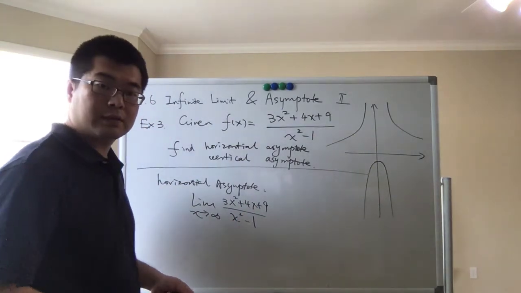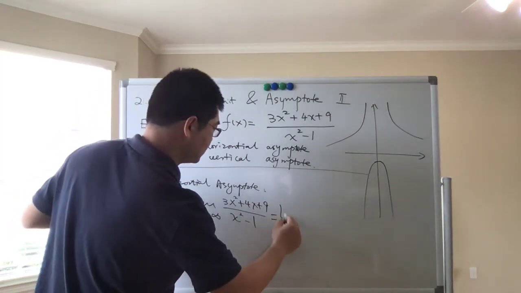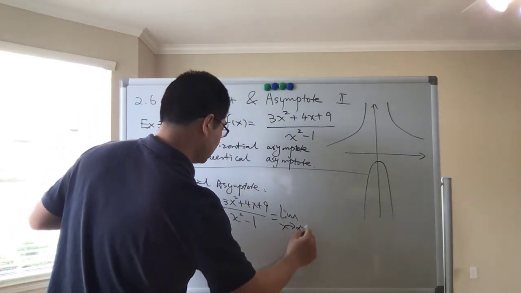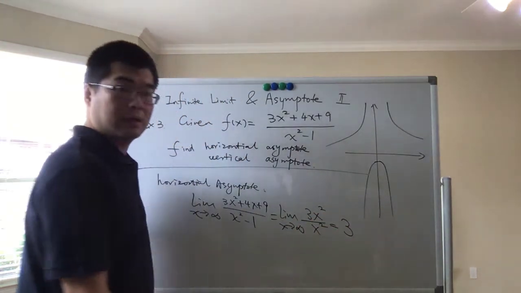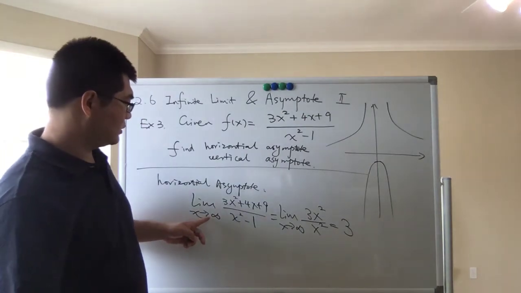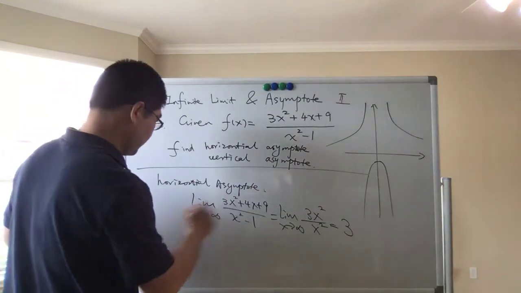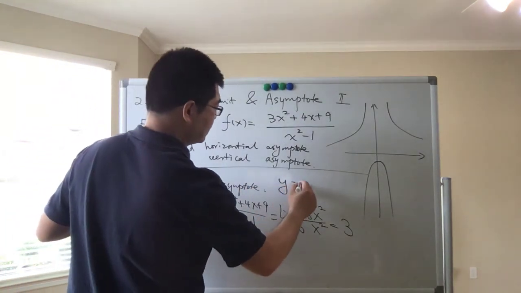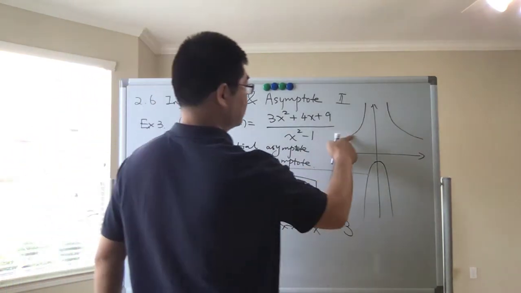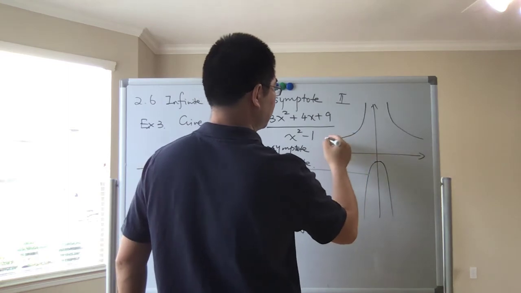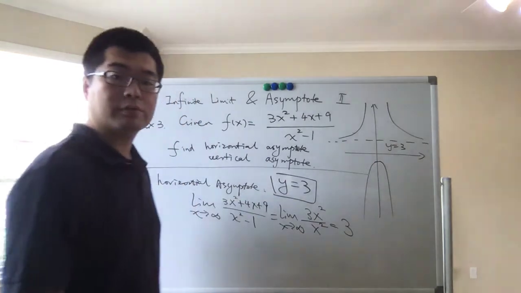As you can see, guys, it's very easy to observe that we use the dominating term method, 3x squared over x squared, which gives us 3, right? So even if you change this to negative infinity, this limit is still 3. Hence, the horizontal asymptote is y equals 3. Okay? So, bad drawing, okay? As you can see, this is y equals 3.